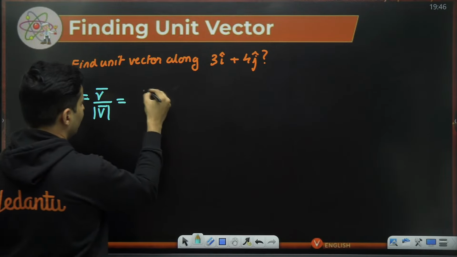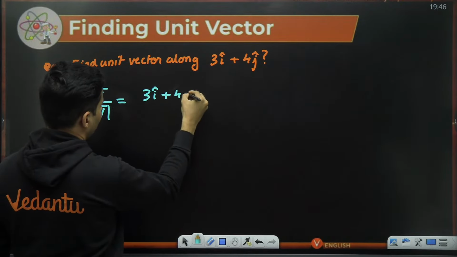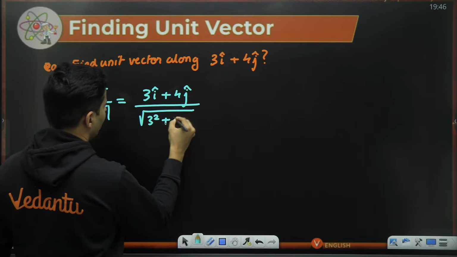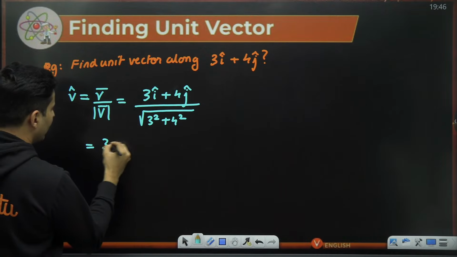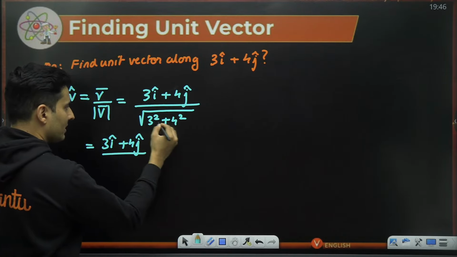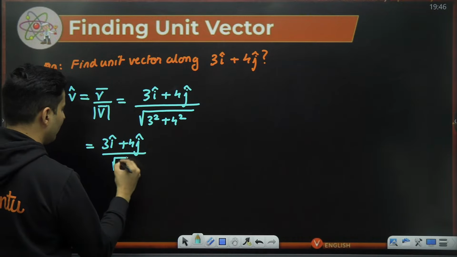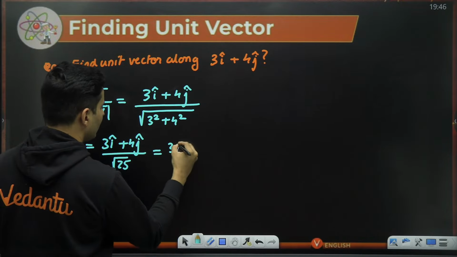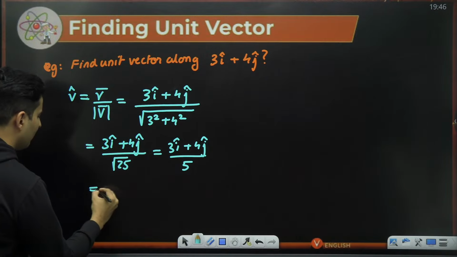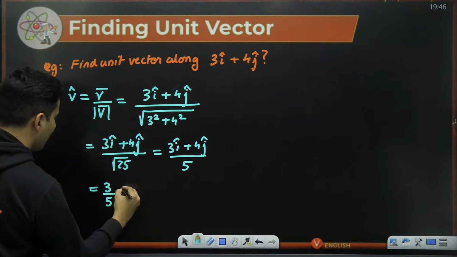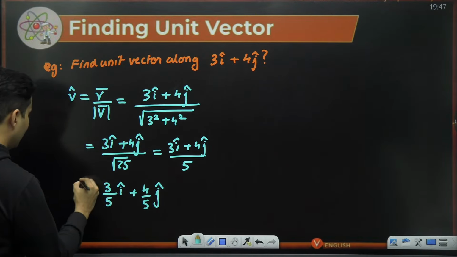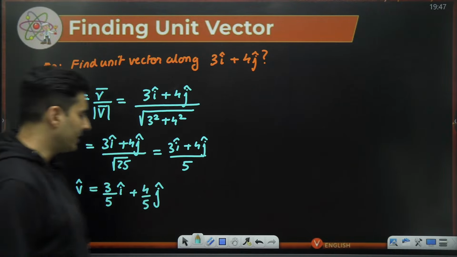So the vector itself is 3i cap plus 4j cap. The magnitude of this vector is root of 3 square plus 4 square. 3 square is 9, 4 square is 16, 16 plus 9 is 25. So root of 25, which is nothing but the number 5, which can be further written as 3 by 5 i cap plus 4 by 5 j cap. So that is the unit vector along this vector.